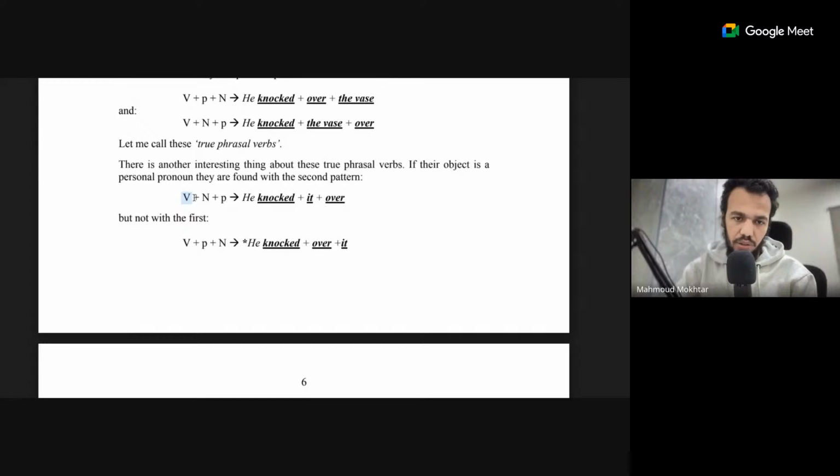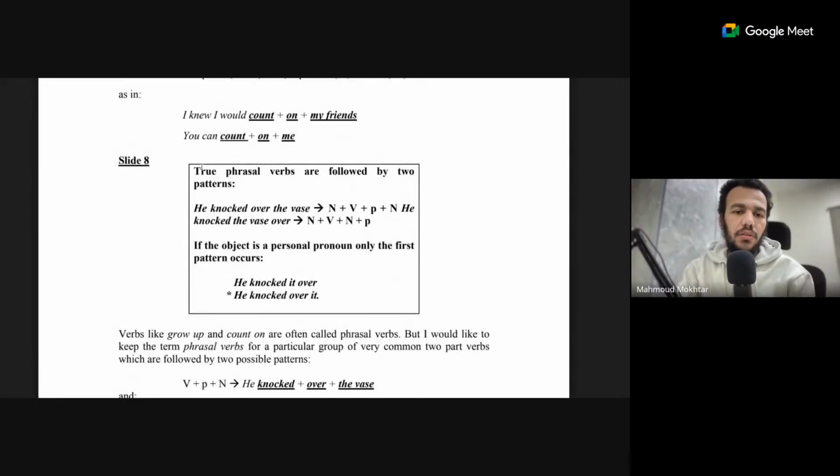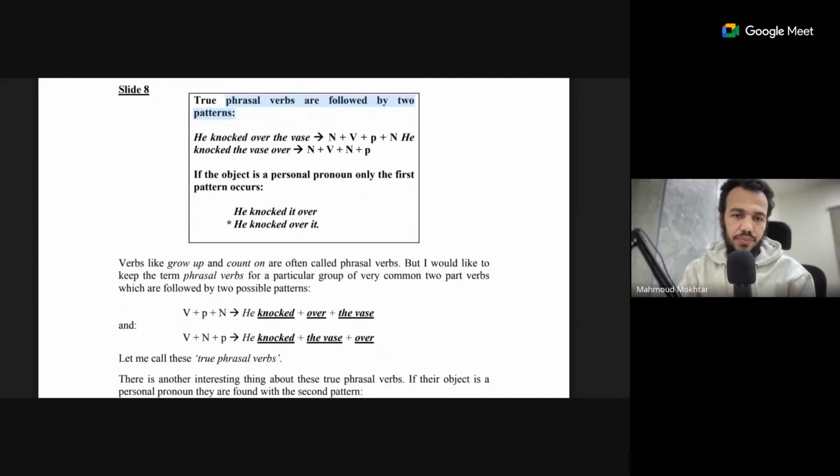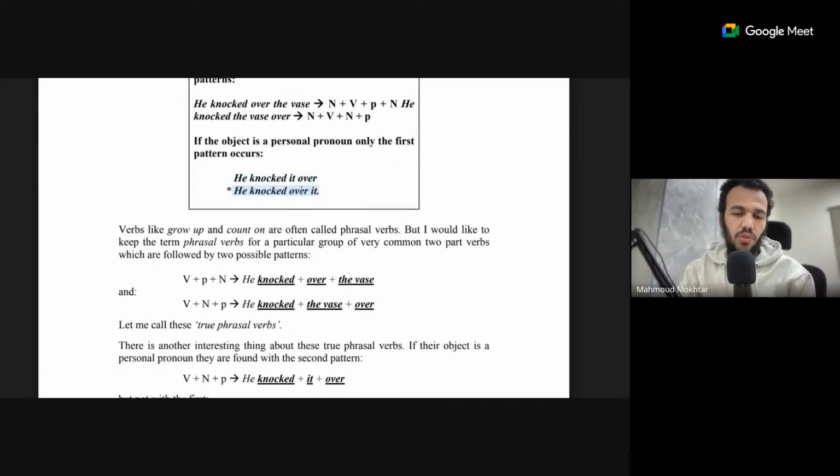Verb knocked, noun it, particle over: he knocked it over, but not the first, he knocked over it. That can't be.